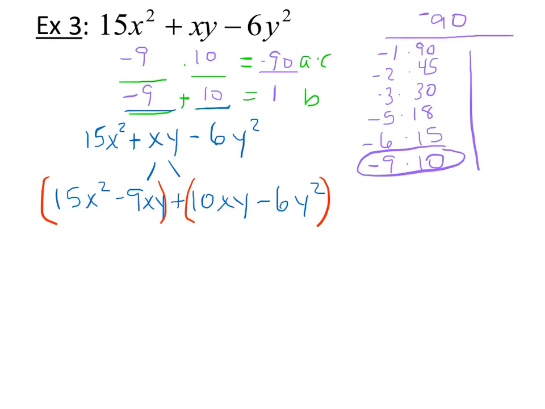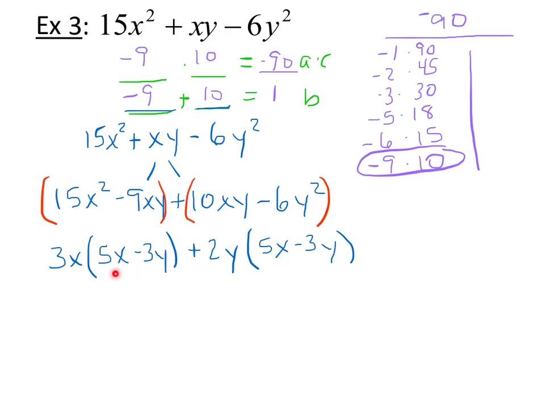Out of the first group, I can take out a 3 and an x, and I would be left with 5x minus 3y. Out of the second group, I could take out a 2, and there's a y common. So what I'm left with is 5x minus 3y.